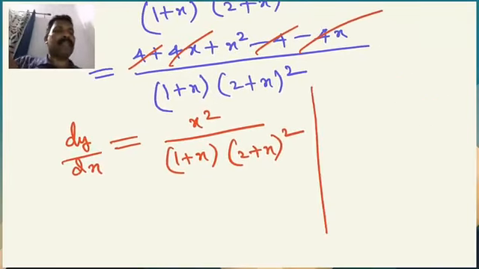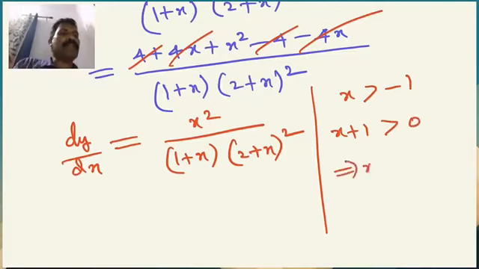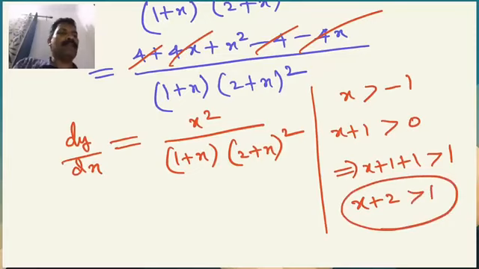Now let us analyze. We are given x greater than negative 1, means x plus 1 is positive, which implies x plus 1 plus 1 is greater than 1. So x plus 2 is greater than 1.